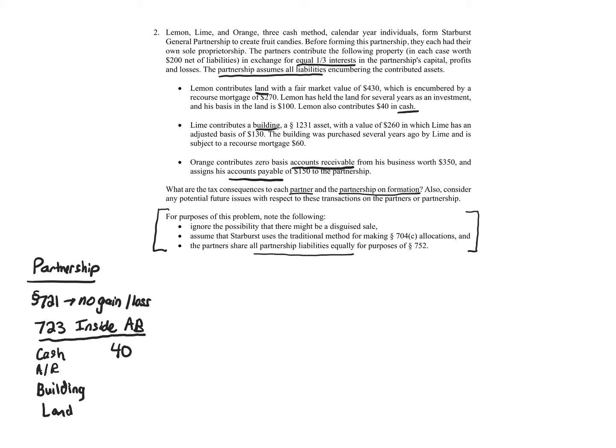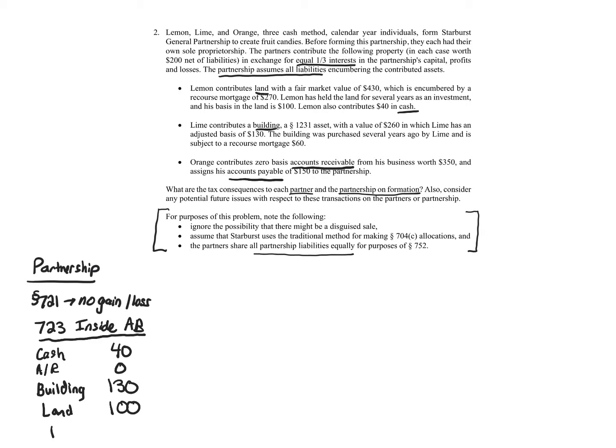We have 40 for cash. There's no basis in accounts receivable because it's cash method. Zero basis accounts receivable, cash method to Orange. The building has a basis of 130, and the land has a basis of 100. So the partnership takes those items at those bases.